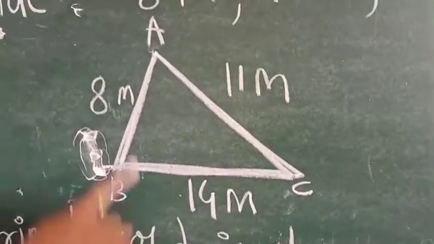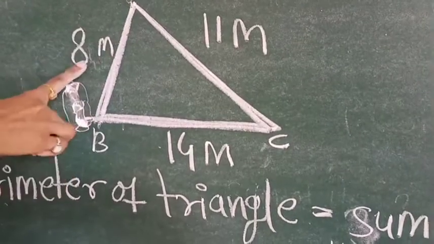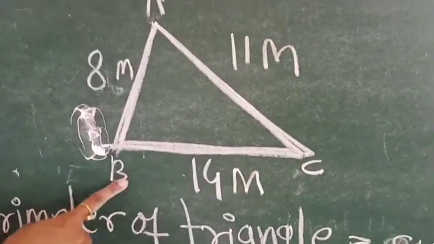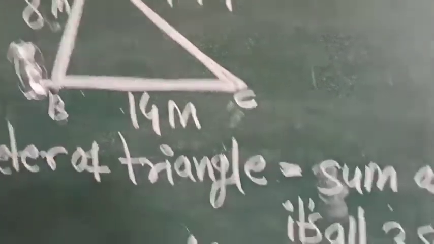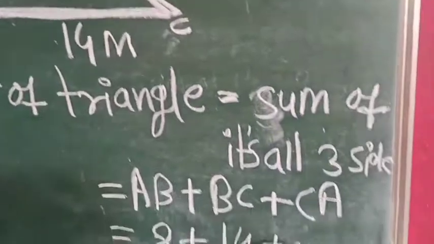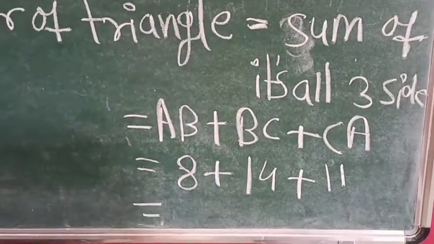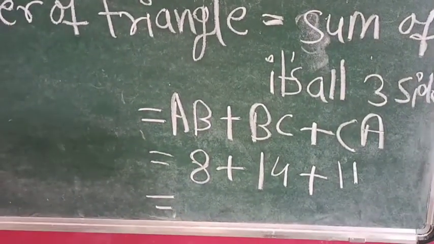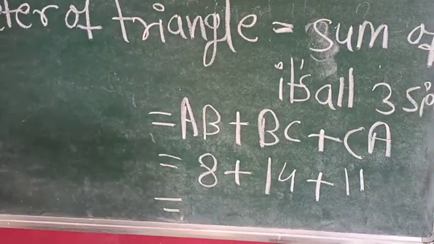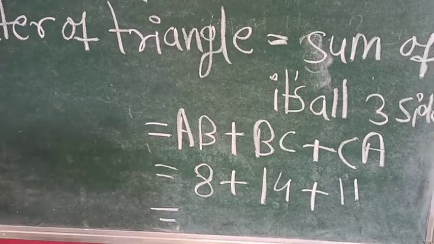Now put the values. What is the value of AB? 8. What is the value of BC? 14. What is the value of CA? 11. Now you have to add all of this. 4 and 1, 5. 5 and 8, 13.